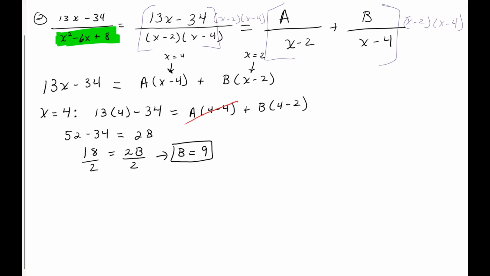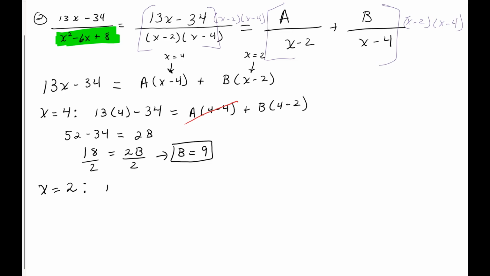Now that we know what b is, okay, you could turn around and plug it in and solve for a. It's not a big deal. But let's just go with our wise choice. And our wise choice is to say, well, x equals 2. All right, so we know x equals 2.